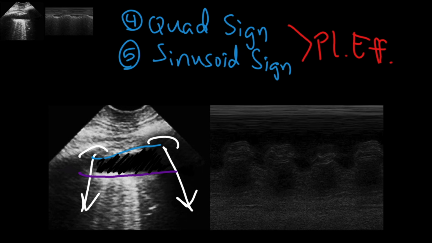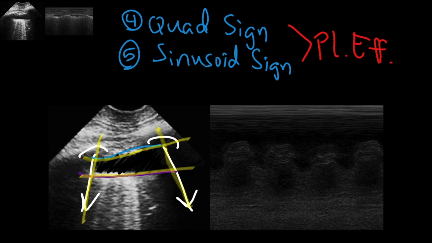And this fluid takes this quadrangle type of shape because we have the rib and shadow serving as the side borders, and then the parietal and the visceral pleura serving as the top and bottom border.